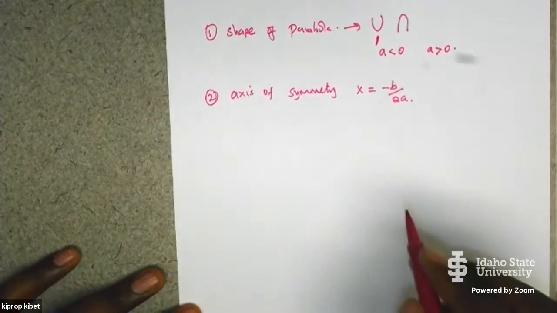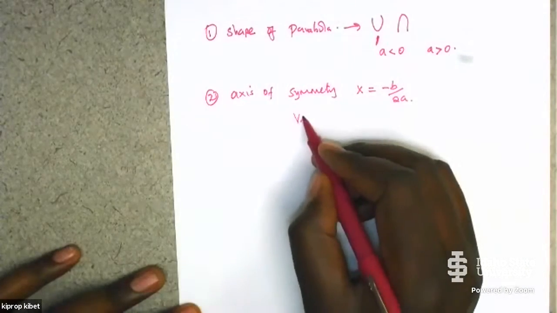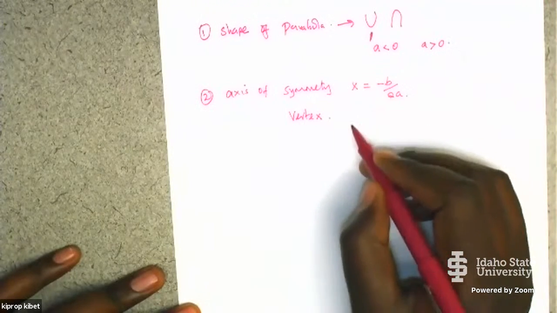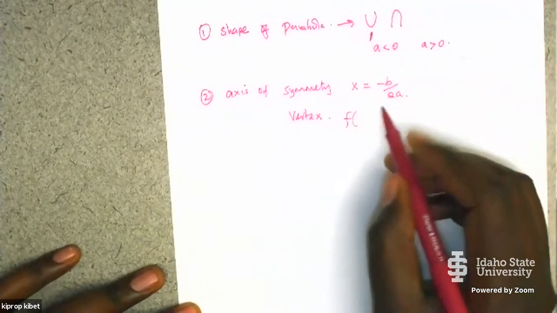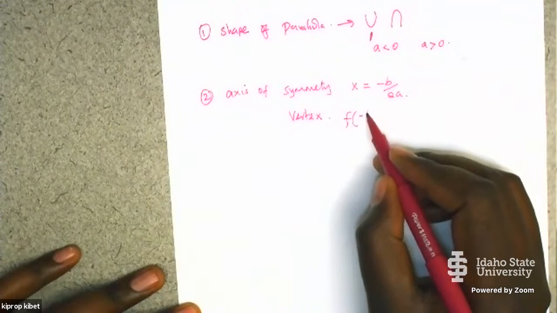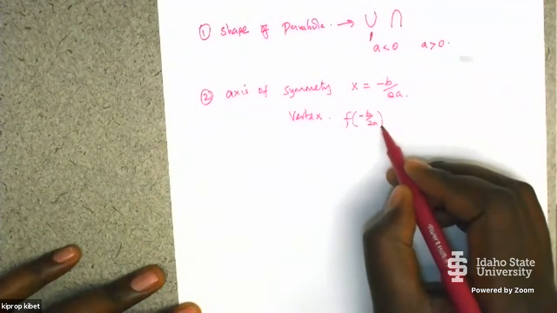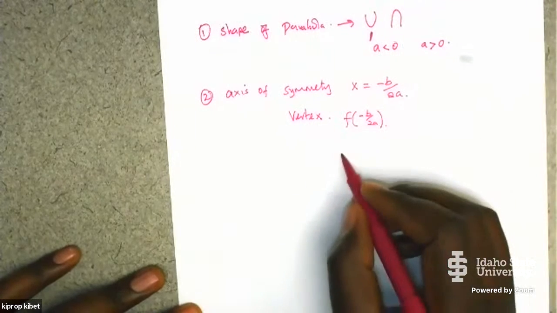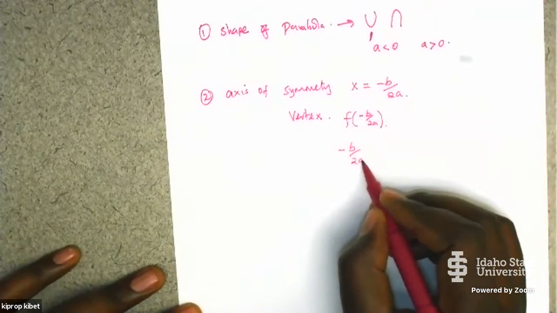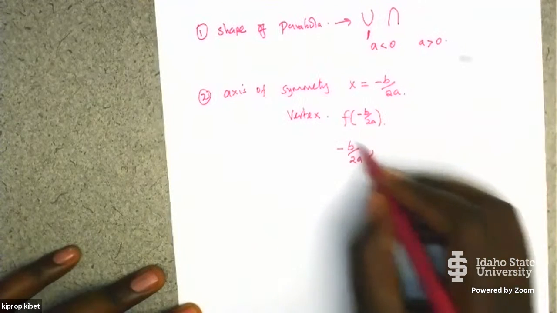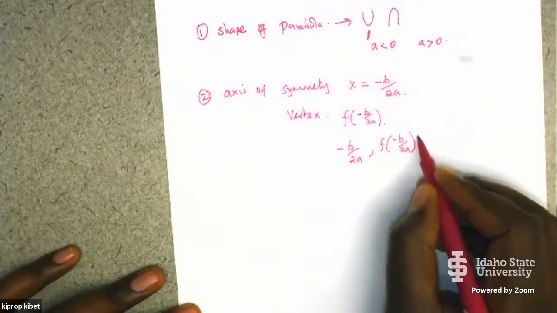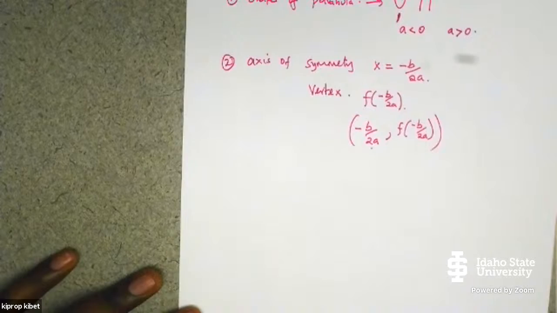Once you get the axis of symmetry, then you can now get the vertex by substituting this in f of x, so minus b over 2a, to get the vertex. So our vertex will be this x here, which is minus b over 2a, and this function here, f of minus b over 2a. That is our vertex.